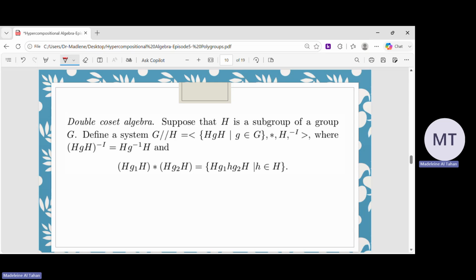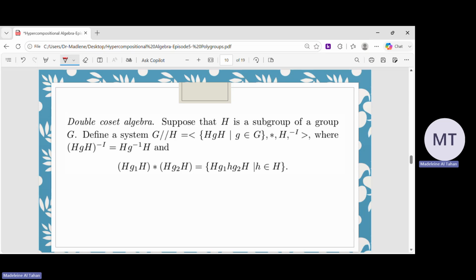Here we have a nice construction. Starting with a group and a subgroup, we can introduce a polygroup. Now, if we recall the first episode, we said that Marty's motivation for introducing the hypergroup is that if we take any subgroup of a group and put a certain hyperoperation, we will get a hypergroup rather than a group.